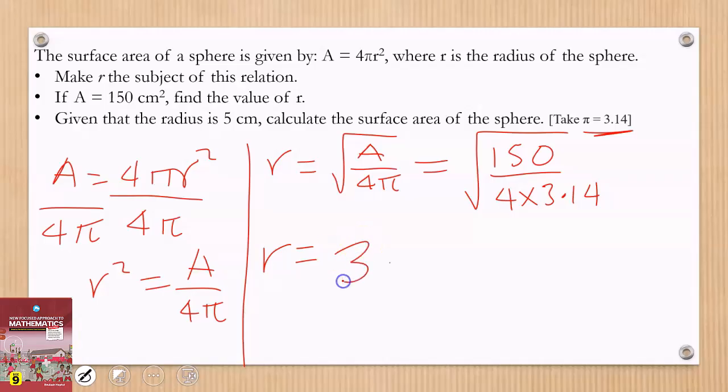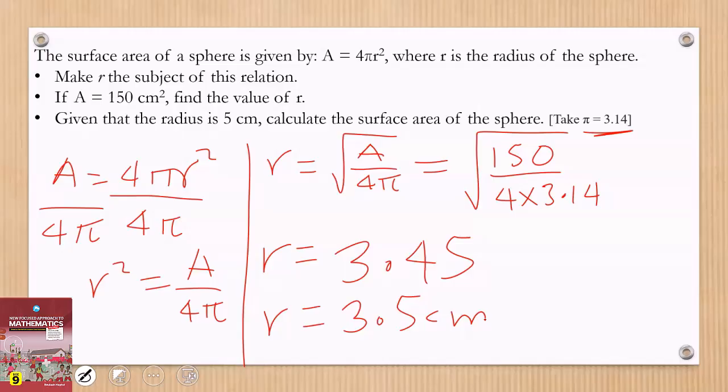So we have 3.45 to be the answer for the radius, or we can say approximately 3.5 centimeters.